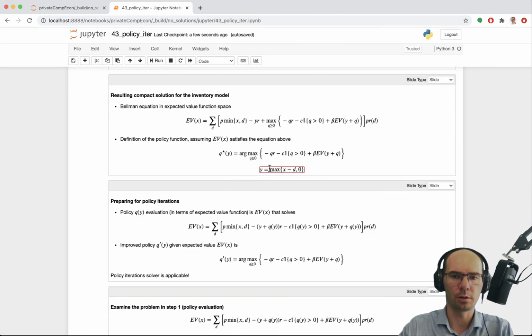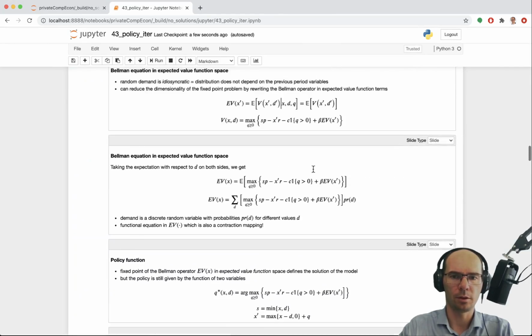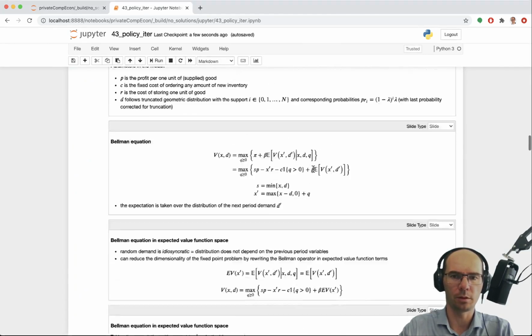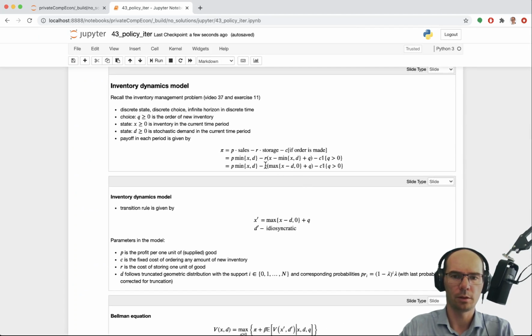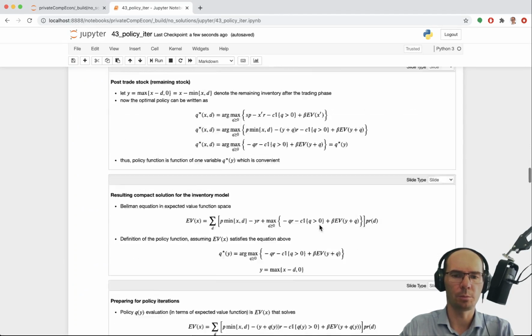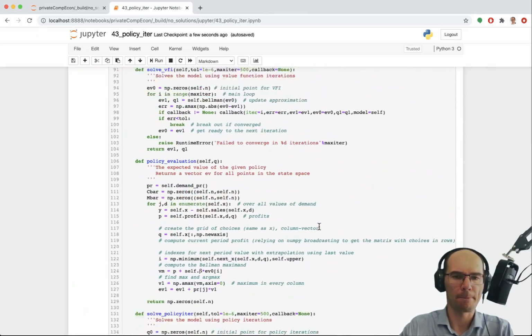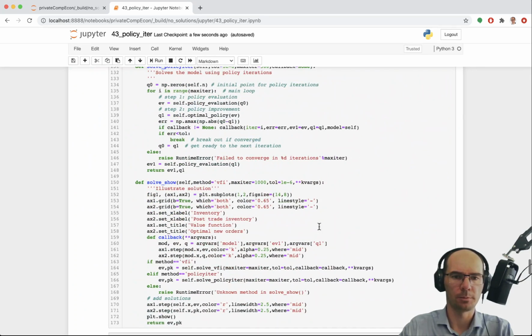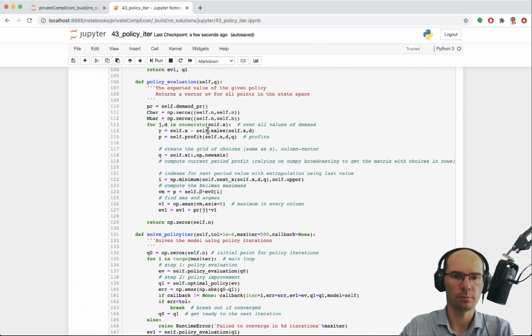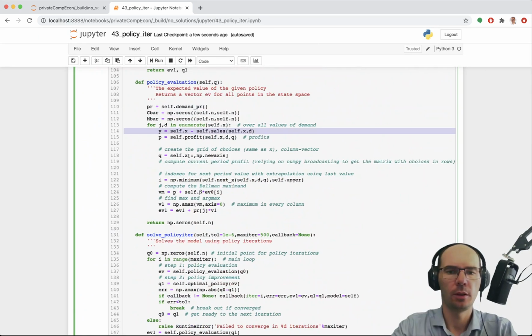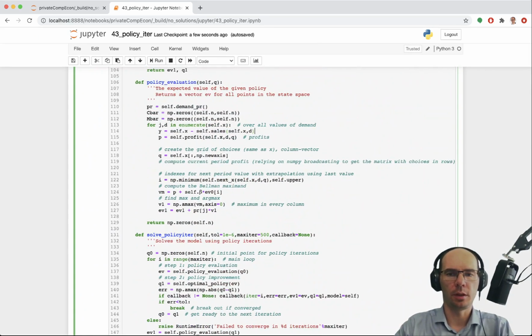So this is essentially the same as this, right? Yeah, we've seen that in the beginning somewhere. Yeah, there. And I need to give it a particular Q. So let's say this is post-trade stock.